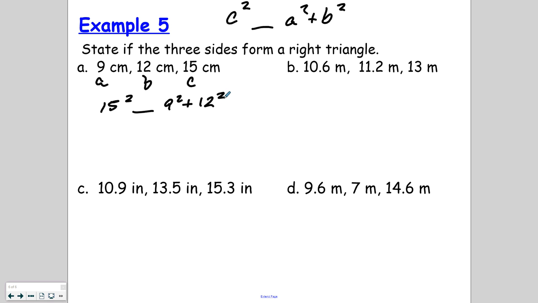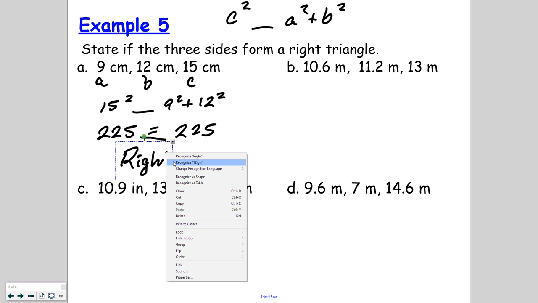These problems are actually pretty simple. All we have to do is type the stuff into our calculator if we don't know it. 15 squared is just 225. 9 squared plus 12 squared is 81 plus 144, which is 225. So we have 225 equals 225. That means this is a right triangle because c squared equals a squared plus b squared.